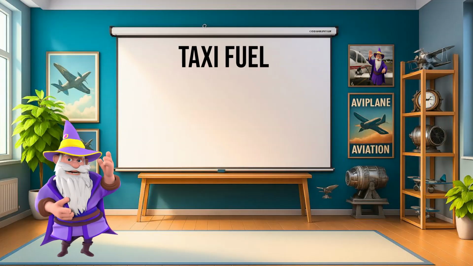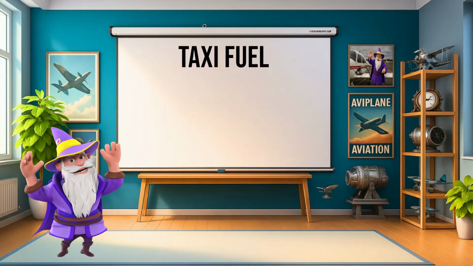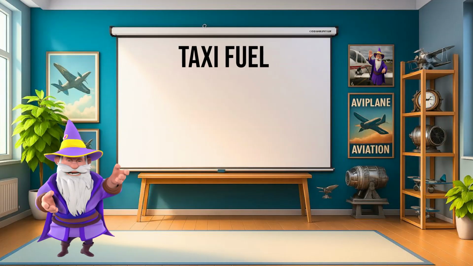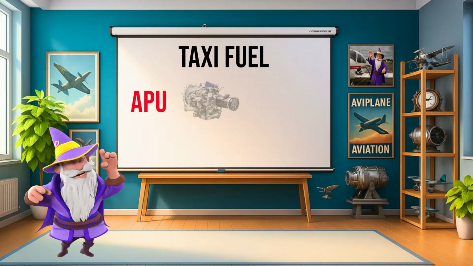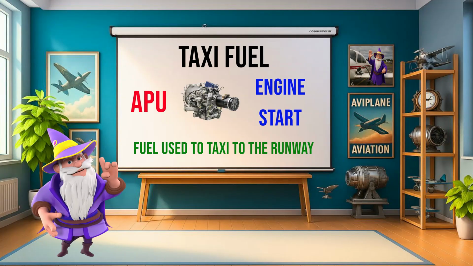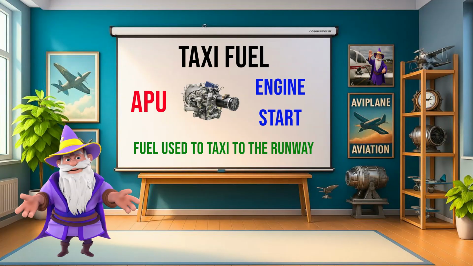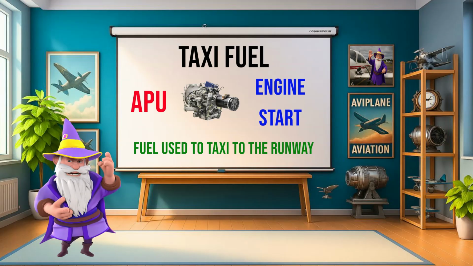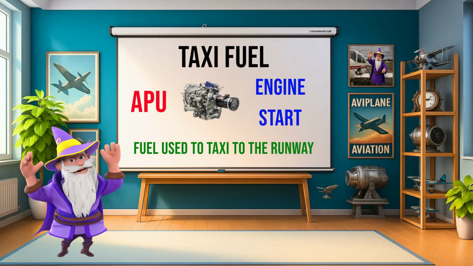Taxi fuel is the fuel used prior to takeoff and must include pre-start APU consumption, engine start, and taxi fuel. It shall not be less than the amount expected to be used prior to takeoff. Taxi fuel is usually a fixed quantity for average taxi duration.